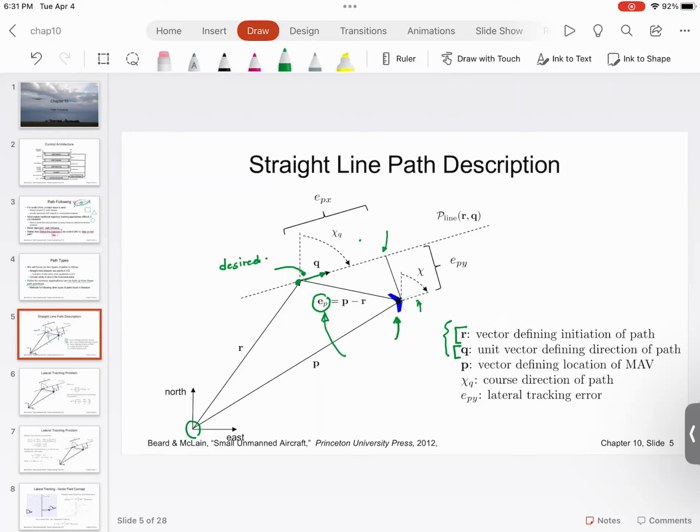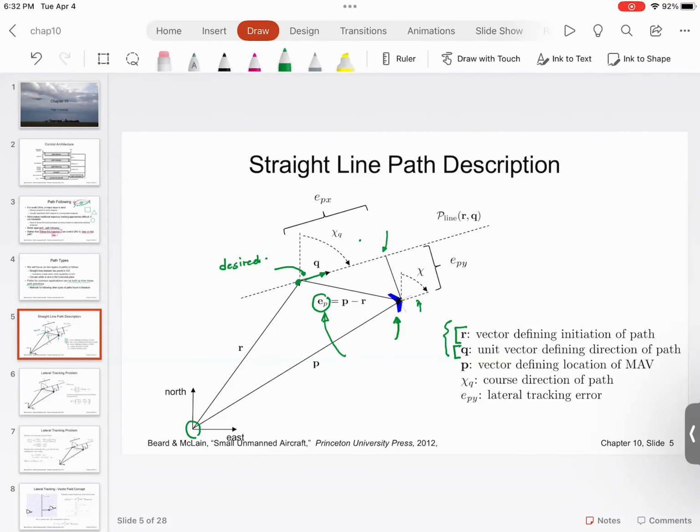Everyone understood this? So this is where we need to use the mathematical tools to consolidate everything so that we can apply the controls in the body coordinate system so that the UAV can follow the path in the path coordinate frame. Everyone understood this?